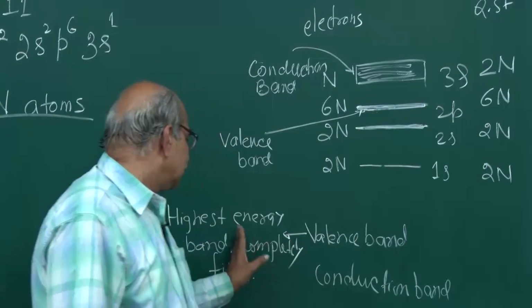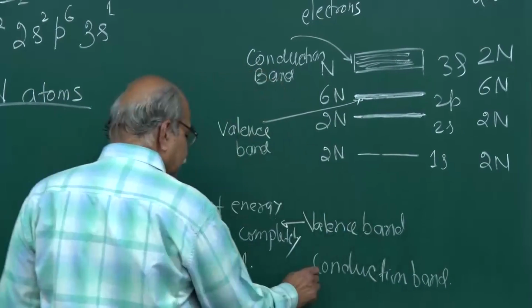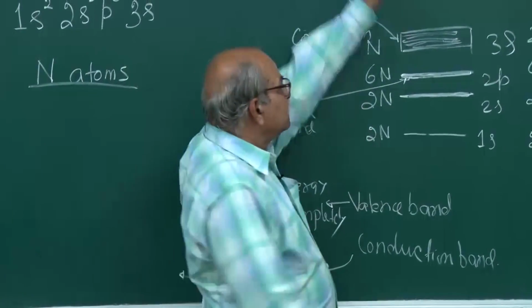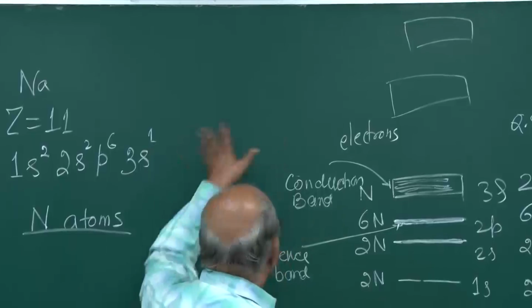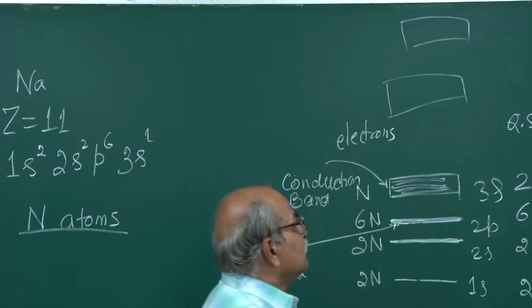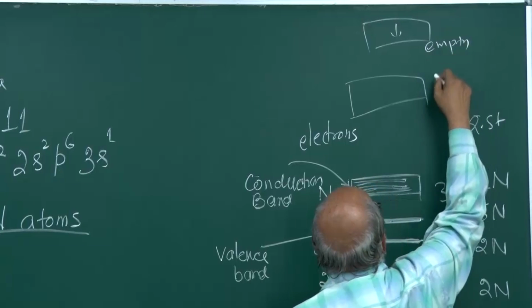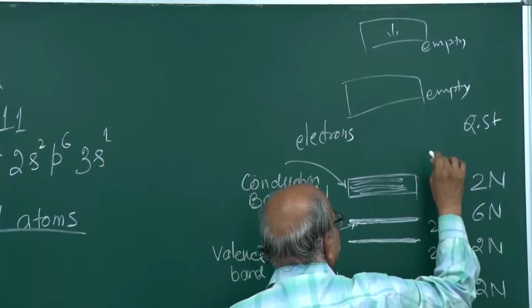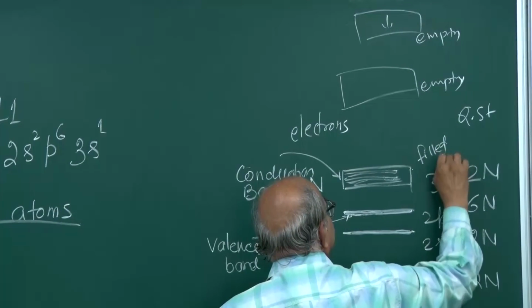So, this is how the valence band will be defined, and next to the valence band will be the conduction band. You can come from the top. You have other bands here also, you have 3s, 3p, 3d, 4s, everything is there, and they are all empty. So, if I come from the top, this is completely empty, this is completely empty, and here you have some filled, not completely filled, but some filled states.